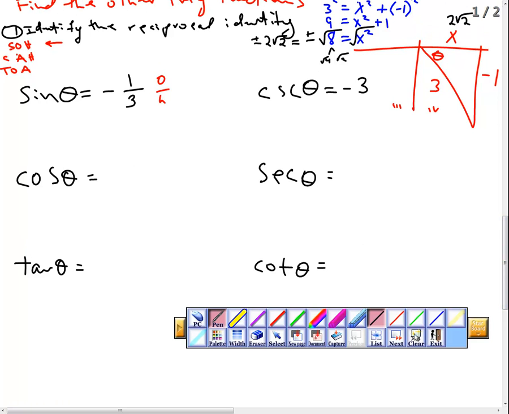Okay, we should have gotten cosine is adjacent over hypotenuse, right? So that would make it 2 square root 2 over 3. So for secant, we have to rationalize that. So that becomes 3 in the numerator, 2 square root 2 in the denominator. But we have to rationalize that, so we have to multiply that by what?